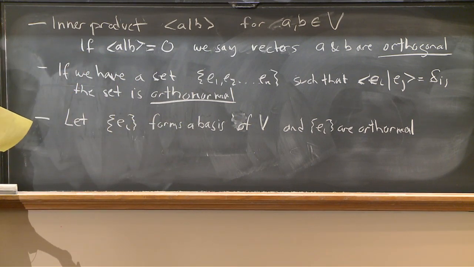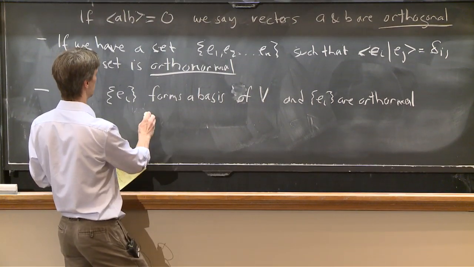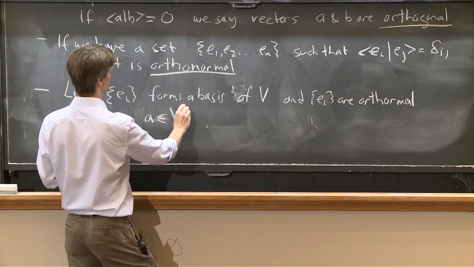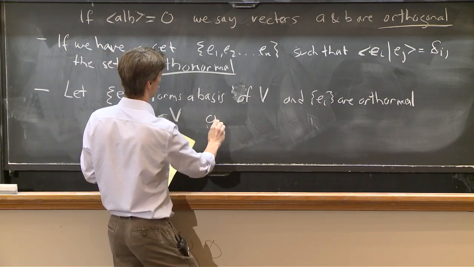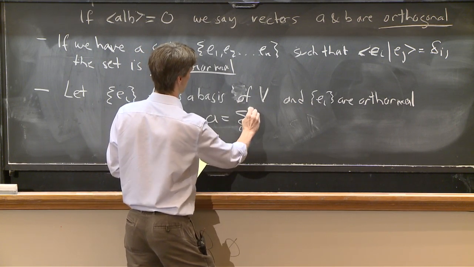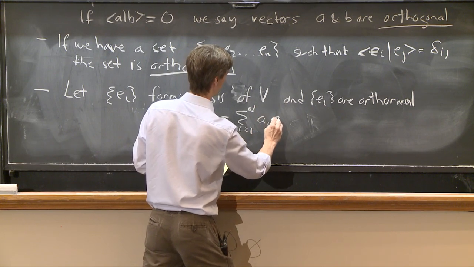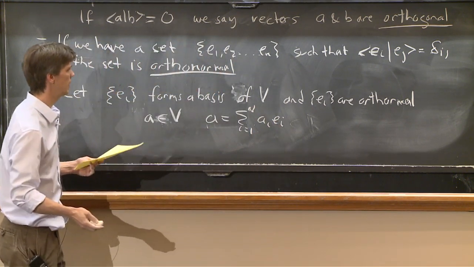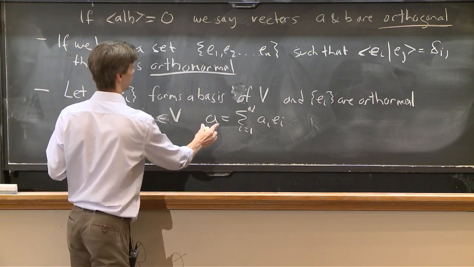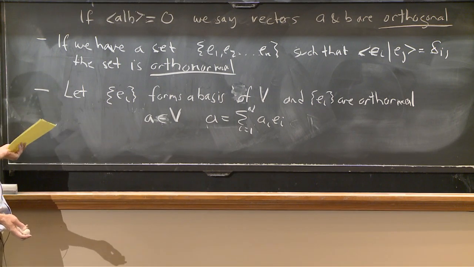so then we can always decompose any vector in V in terms of its basis, right? But if it's also orthonormal, then we can write A, which is some vector in V, as A equals the sum over i equals 1 to n of some a_i e_i, right? So we can do that for any basis. But then we can take this vector and form its inner product with the basis vectors.